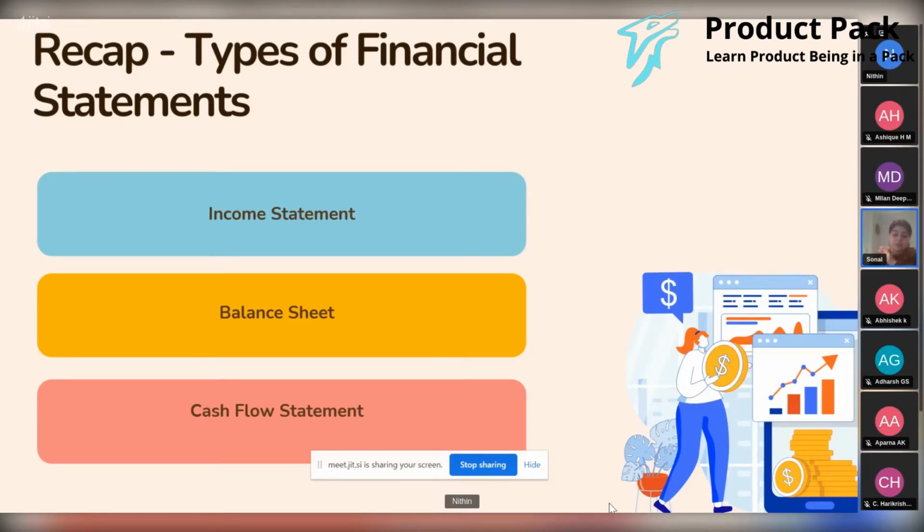A balance sheet describes a company's assets, liabilities, and stakeholder equity on a specific date. So they are really handy to understand. And the cash flow statement is all about how cash is moving into the company and how cash is going out of the company. For a product manager, the cash operating component is very important to understand.